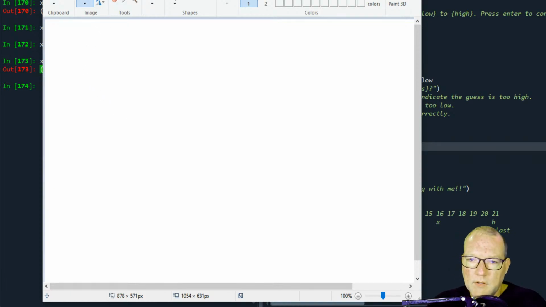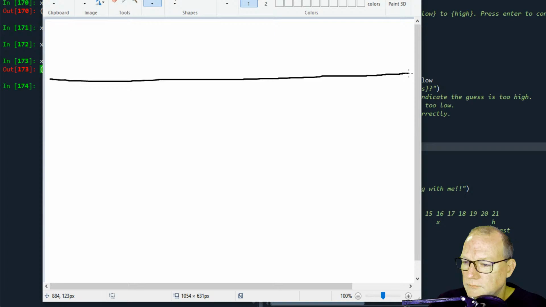All right, let's start back over. So we have our number line. We have our high. We have our low. We have our guess. Then, if we get the response of, we'll do it over here.